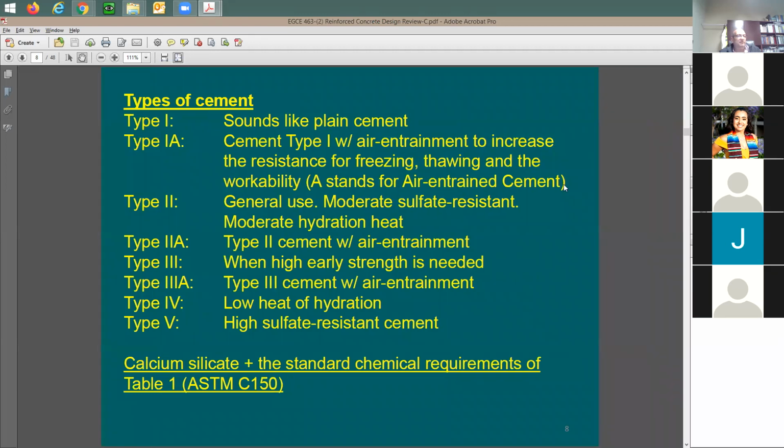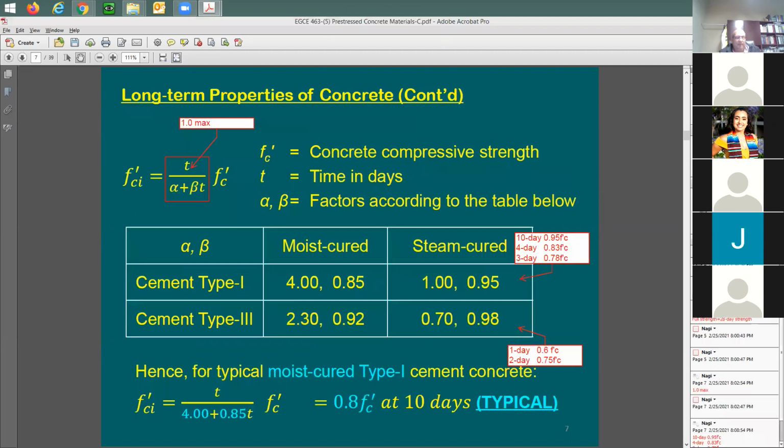Cement type 3: early strength is needed. Type 1 and type 2 are called general use. This is the cheap, regular cement that you use. So just by switching from type 1 to type 3, you're going to rapid strength or high strength.